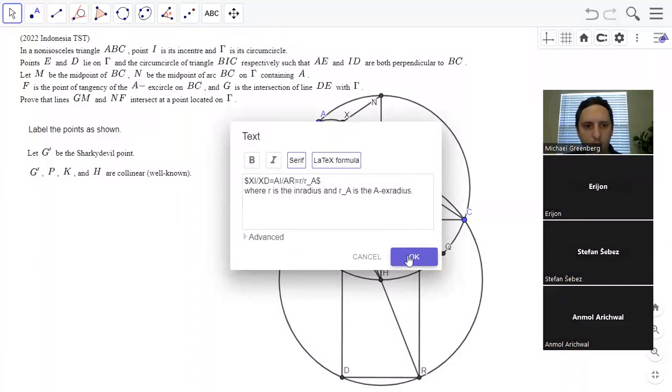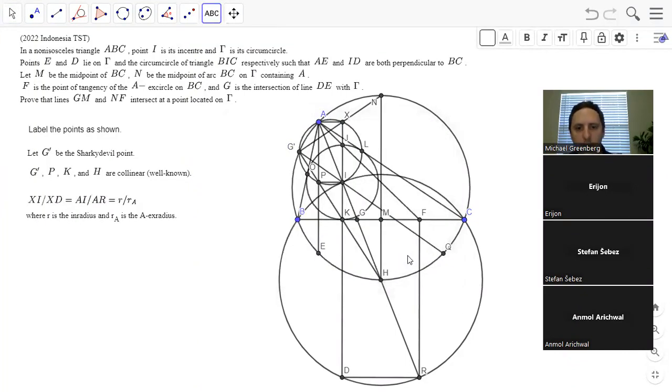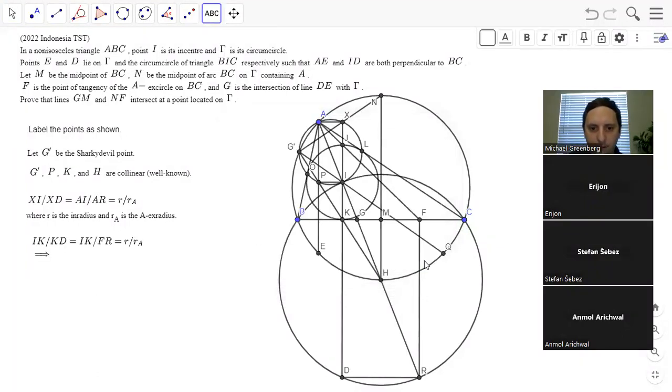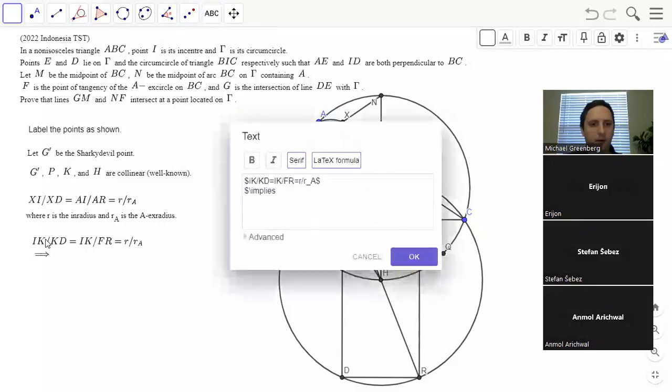Okay. And then IK over KD equals IK over FR, which is also equal to R over RA. And that implies KIDX is harmonic.